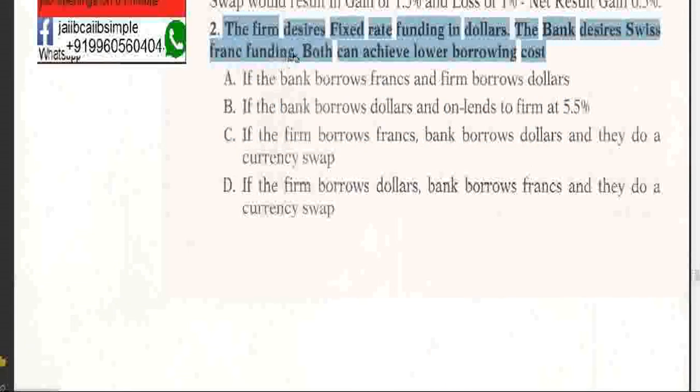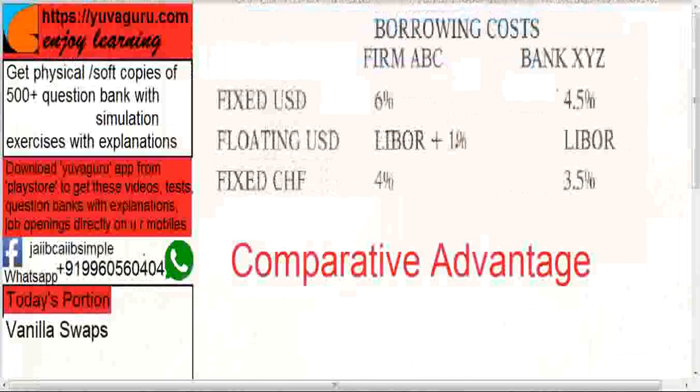The firm desires fixed rate funding in dollars. The bank desires Swiss franc funding. Both can achieve a lower borrowing cost by, now what? See here, the firm desires fixed rate USD funding. So who has the advantage in USD, firm or bank? 1.5, the bank has the maximum advantage. And in CHF, 4 and 3.5, so 0.5.